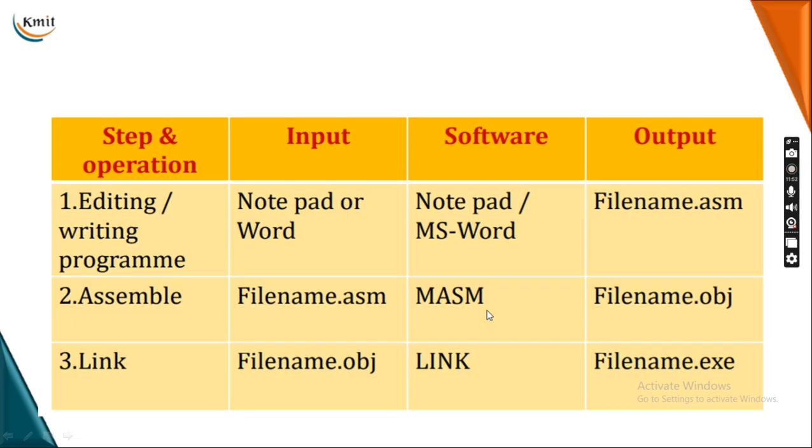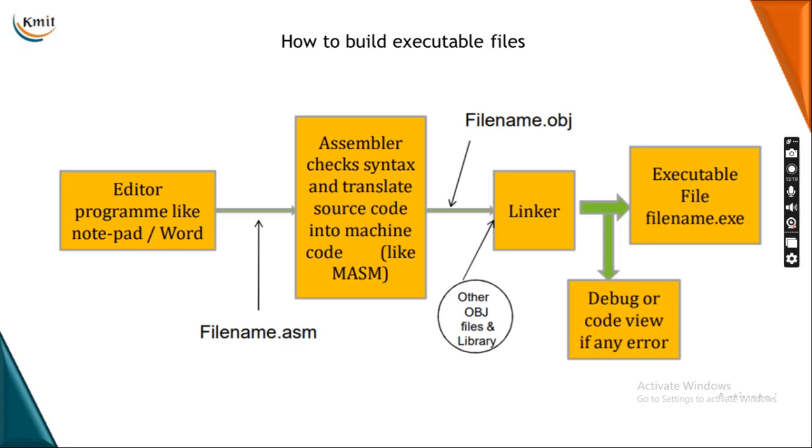After assembling, it will create an object file, filename.obj, with the same file name we saved with .asm. Then after linking the program, it will convert your .obj file into an executable file with the same file name, .exe.